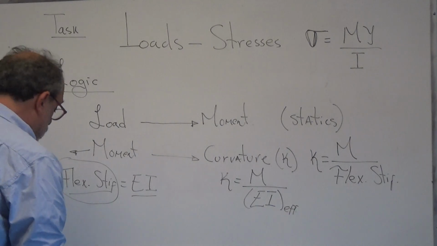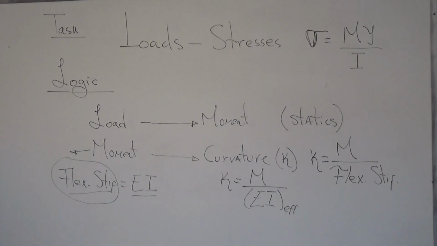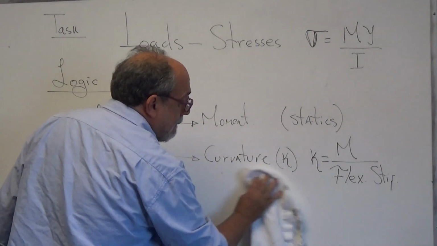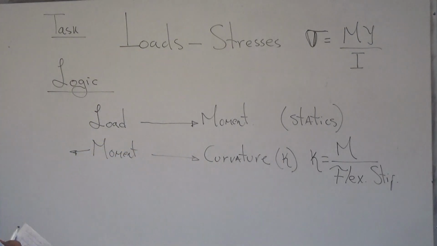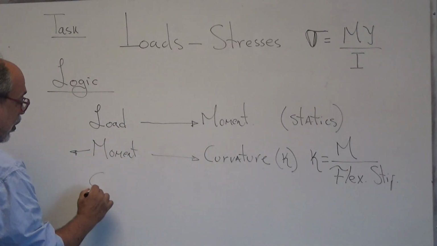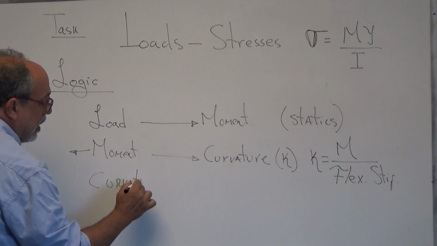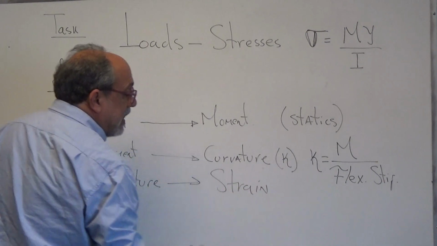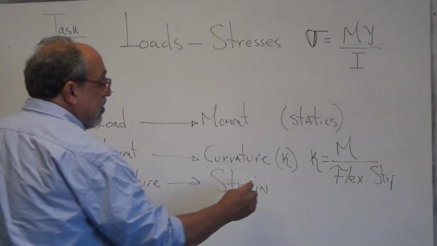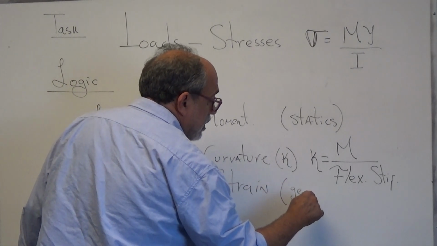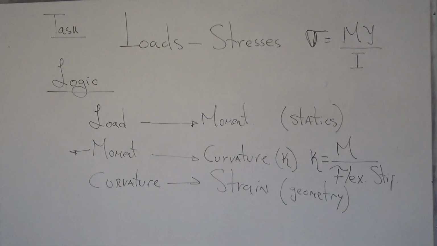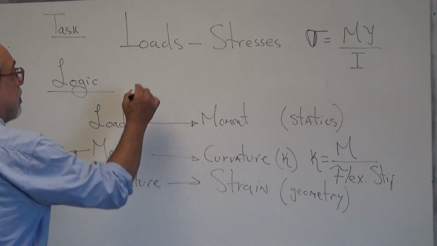Now, once we have the curvature, we are going to go from curvature to strain, okay? And to go from curvature to strain is purely geometry. We will simply use the assumption that plane sections remain plane. So it will be something like this.